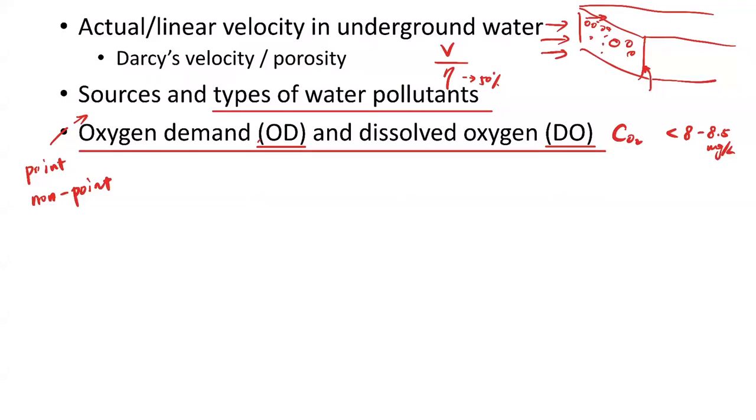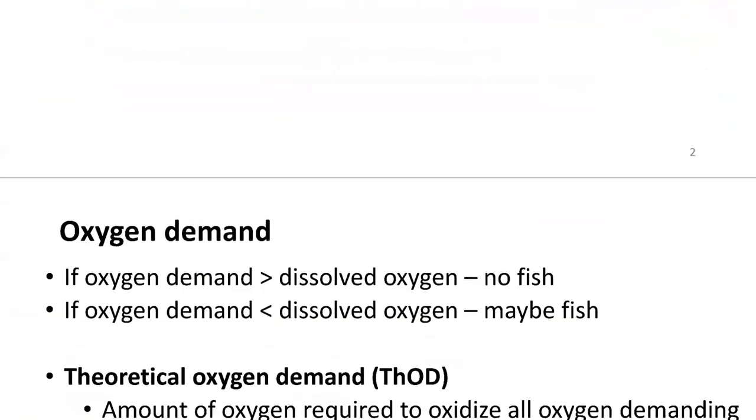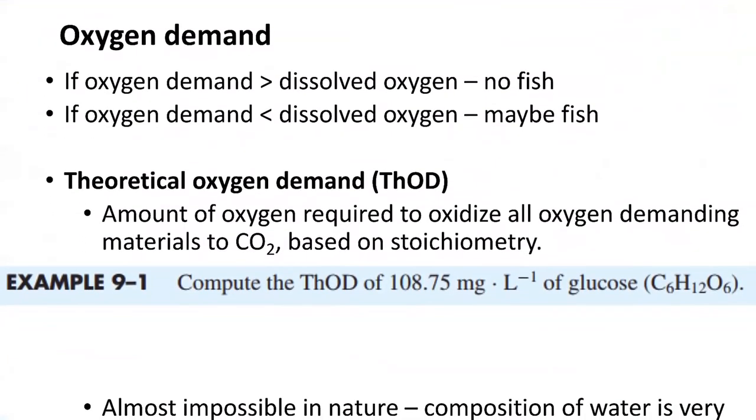So if there is too much organic waste in the water, then it's going to consume far more oxygen, or have a far larger oxygen demand than the dissolved oxygen, and then we may have some trouble, right? If the oxygen demand is larger than the dissolved oxygen, then we know for sure that there are no fish inside.